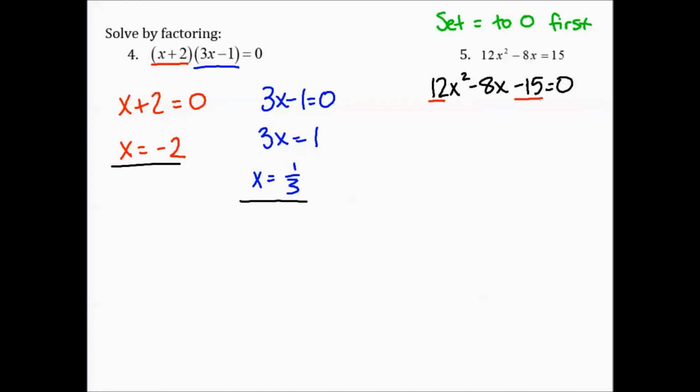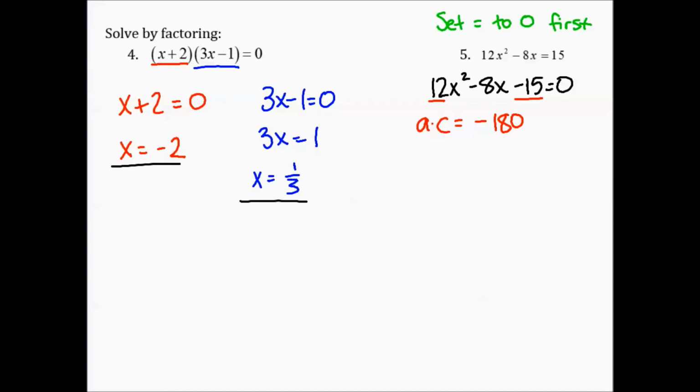So we start by multiplying a times c, which is 12 times negative 15, which gives us negative 180. Now, 180 is a rather large number. So you might have trouble figuring out what multiplies to 180 and adds up to negative 8.